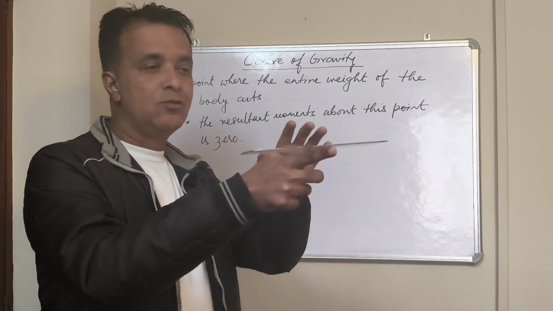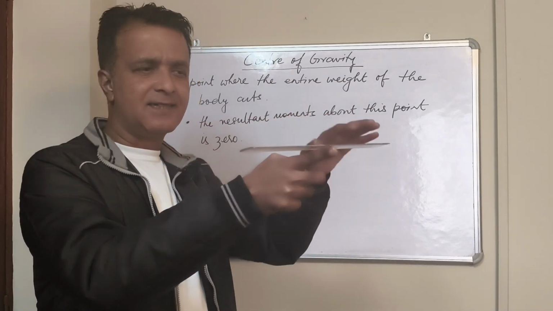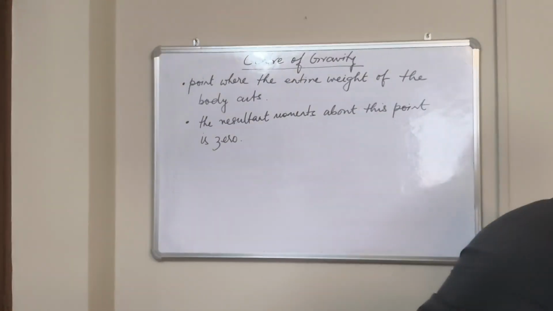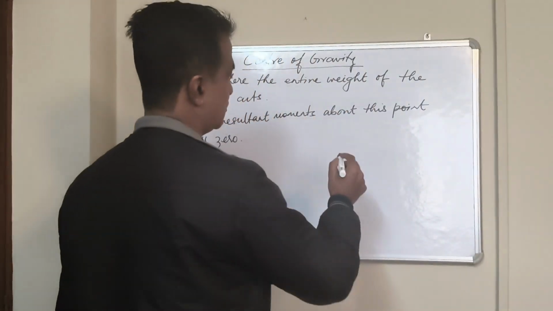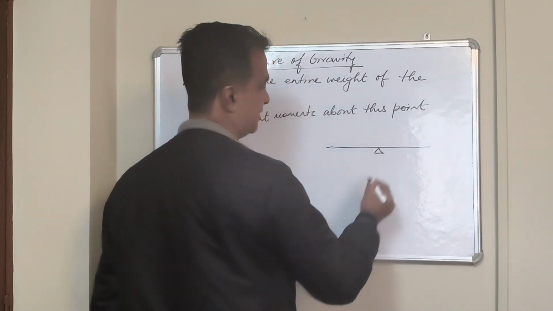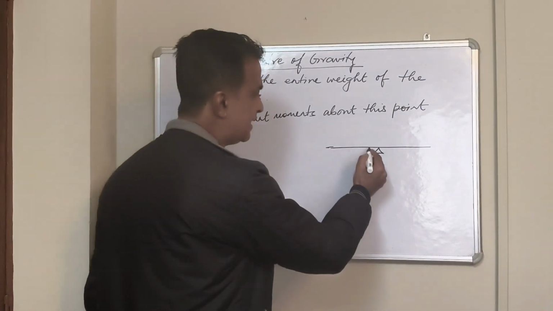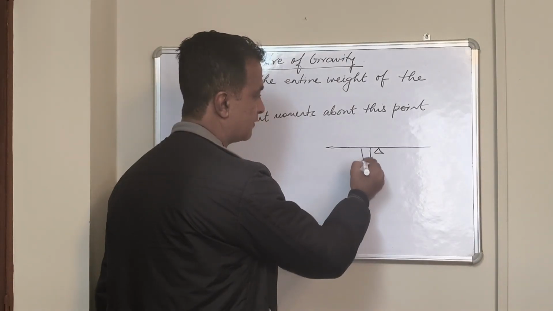And you can see this ruler is made up of millions of masses, tiny particles are involved. So what happens here is the resultant moment. Supposing this is the ruler, which has been balanced at its center of gravity. It's made up of numerous masses, and each mass is being attracted by the force of gravity.